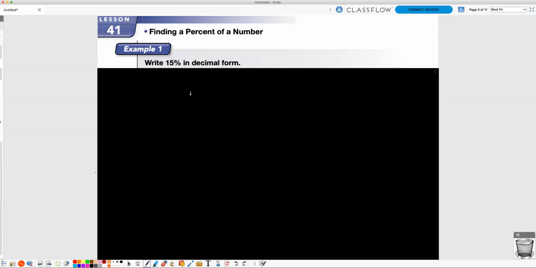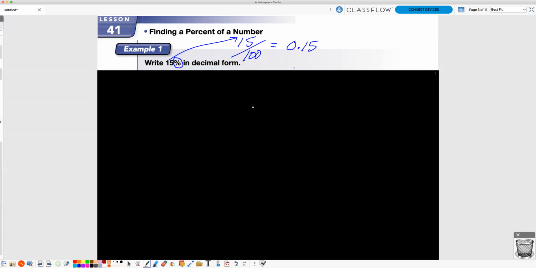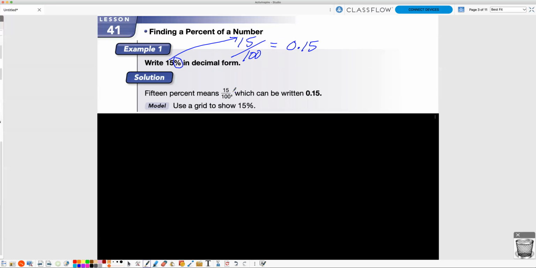Let's look at example 1. Write 15 hundredths in decimal form. This is simply 15 over 100, a 1 and 2 zeros. So it's 15 hundredths as a fraction, which, if you know how to read decimals, is simply 0.15.